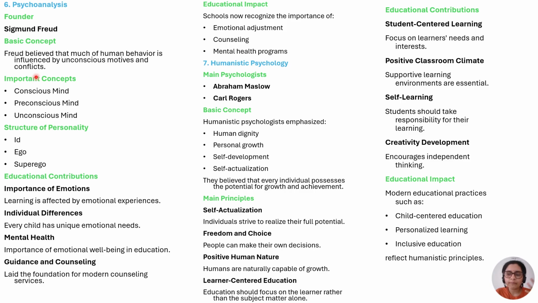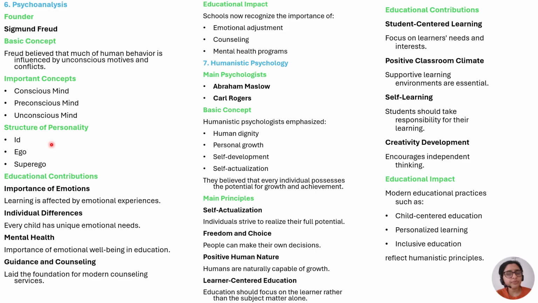Conflicts are those conflicts that happen in the mind. Whether you want this or that, whether that is better or this is better, those are conflicts. Those conflicts are the driving force for human behavior. Important concepts are the conscious mind, the preconscious mind and the unconscious mind.